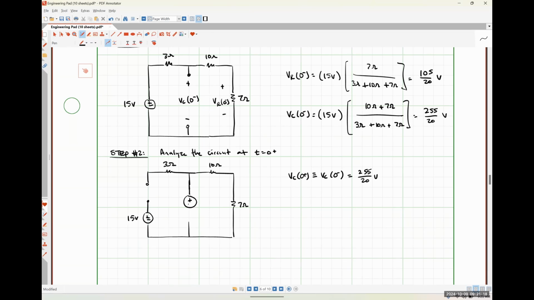So we just need to make sure that our voltage source has the same polarity as VC at 0 minus and also the same magnitude. So this is going to look like a 255 over 20 volt source. And then here is the VR of 0 plus that we're interested in. How are we going to find VR at 0 plus?